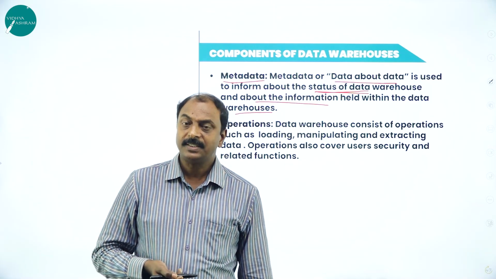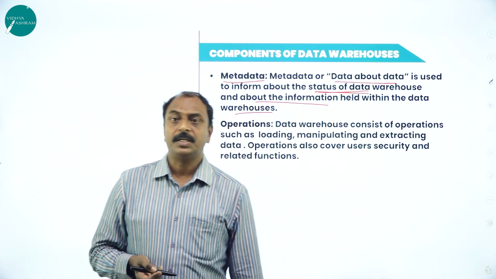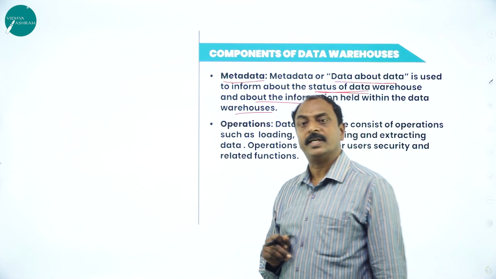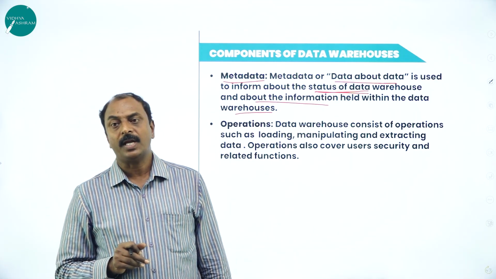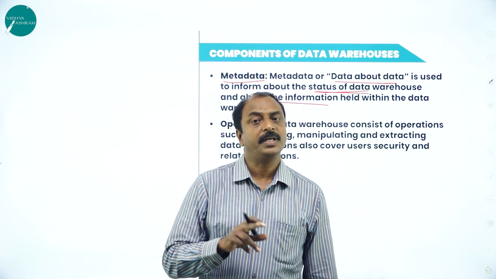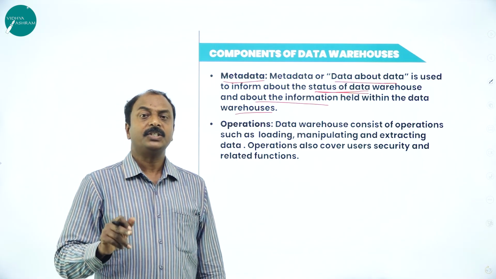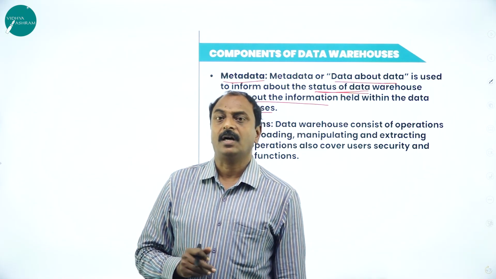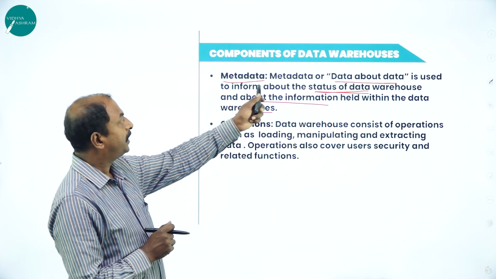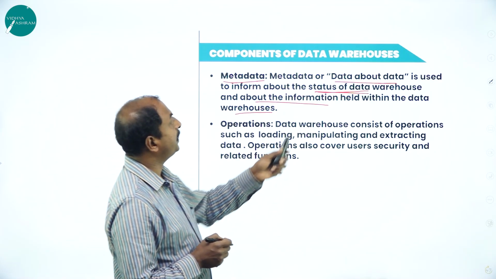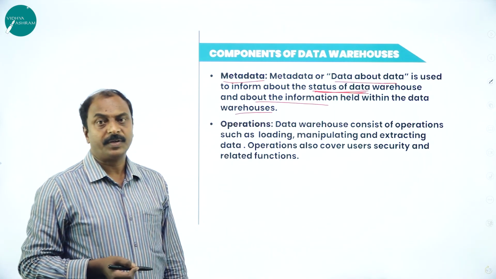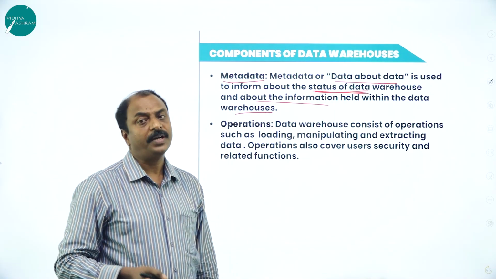A very simple example is a supermarket: the administrator in charge of the stock should be aware of the stock availability of different items in the supermarket. That gives the current status of the items, nothing but stock. Similarly, metadata, which is data about data, is going to report the status of the data warehouse regarding different types of data.